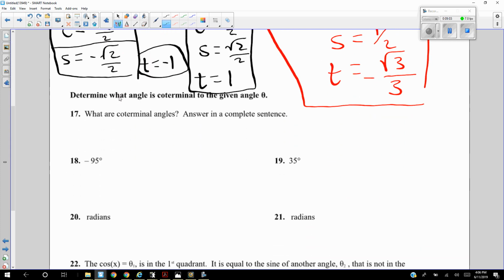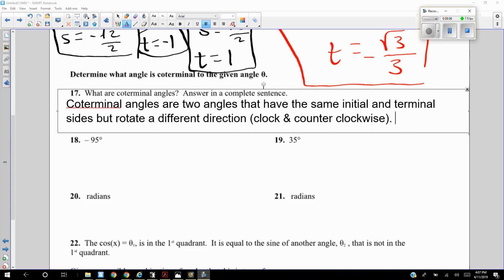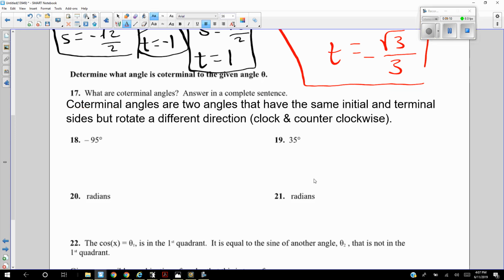So let's talk about coterminal angles. Okay, more than one way to write your definition here, but coterminal angles are two angles that have the same initial and terminal sides but rotate coming from a different direction. It's not mandatory that you sketch these, but I think it's helpful sometimes.